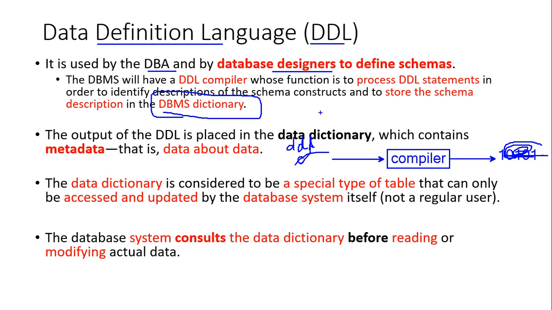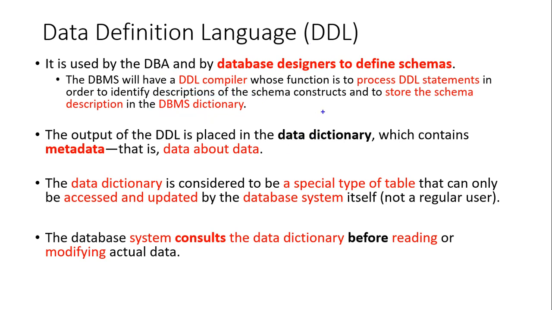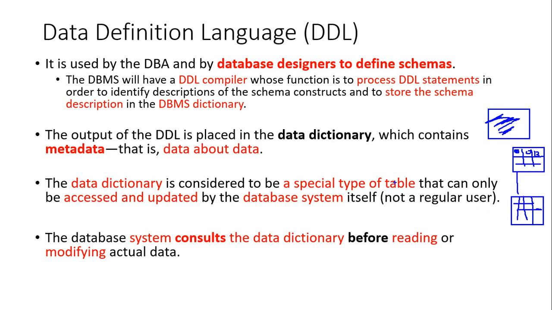Whatever structure you create will be stored in the data dictionary, which contains details about how the table is created, what the structure of the tables is, how many columns there are, what the data types of individual columns are, how one table is related to the other, how many indexes there will be, and so on.